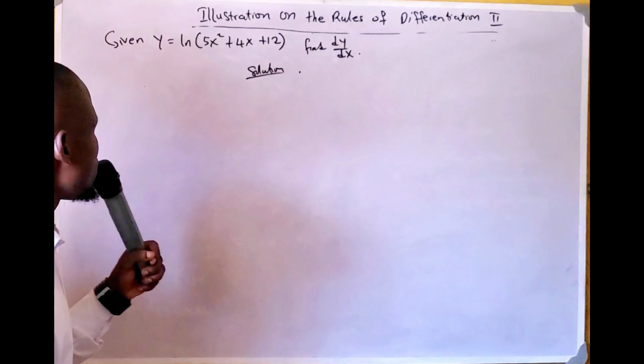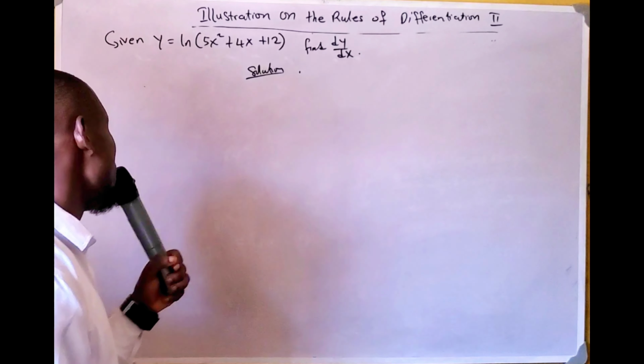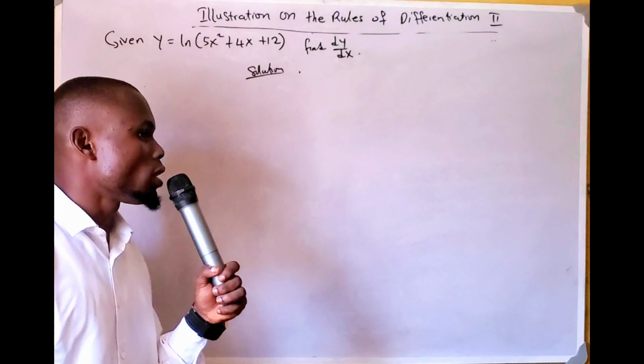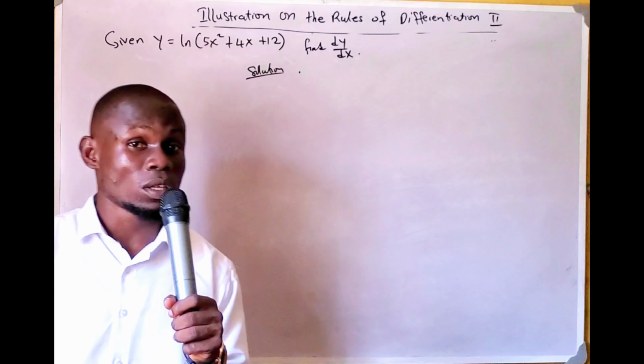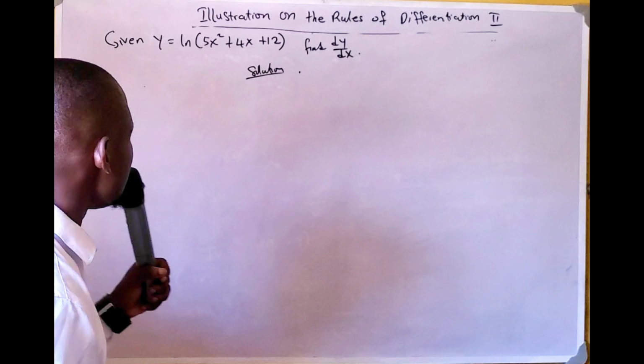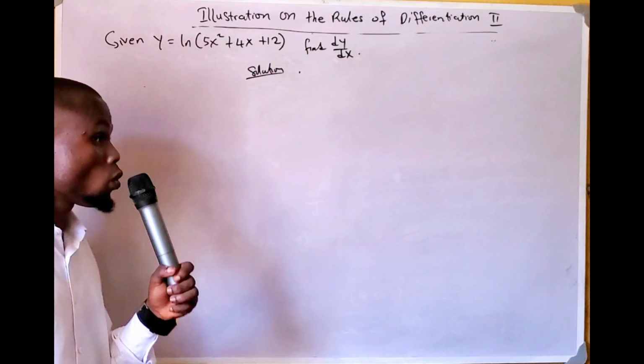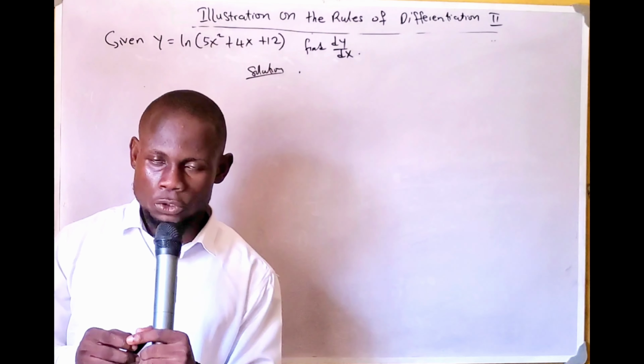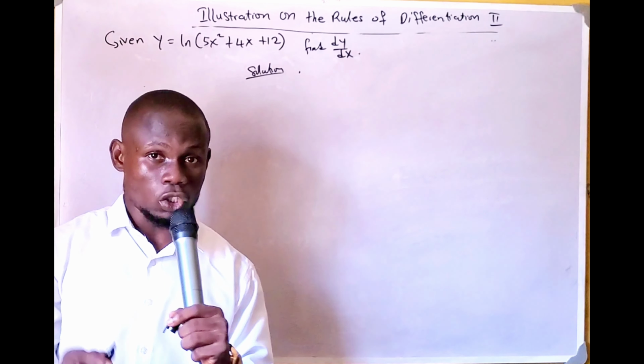Now, if you look at it, we see that our y is a function of ln. That definitely tells us that this is a logarithmic function. But still, if you look at this clearly, we see that it's also a function of a function. So simple, we start from the function of a function.